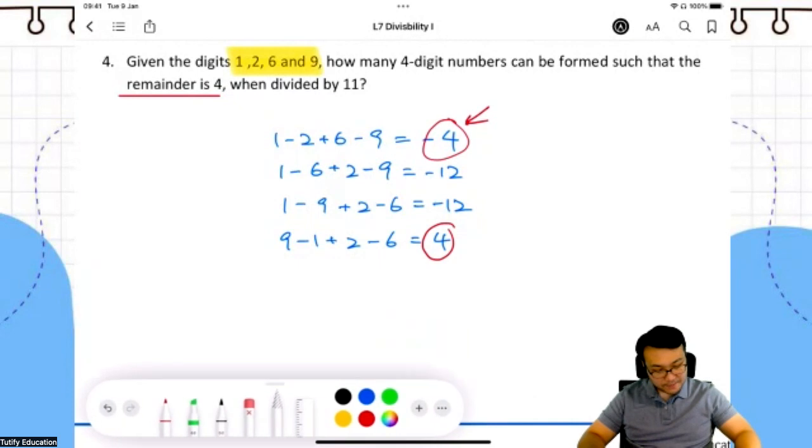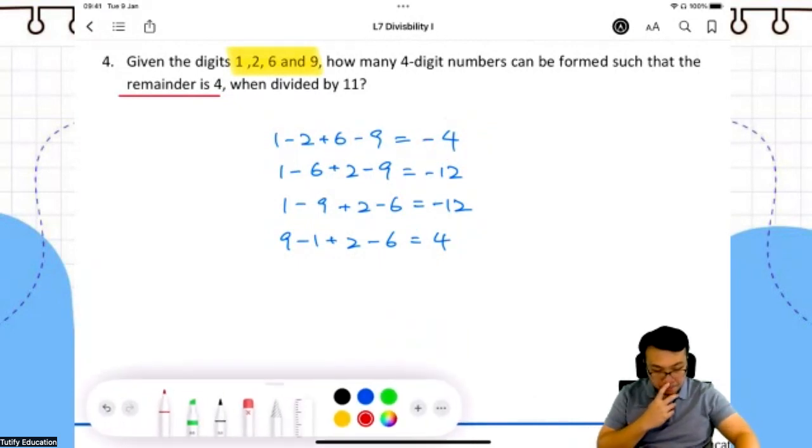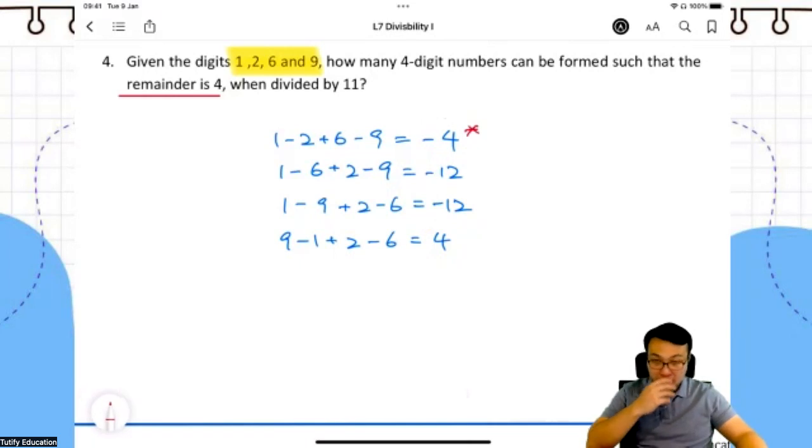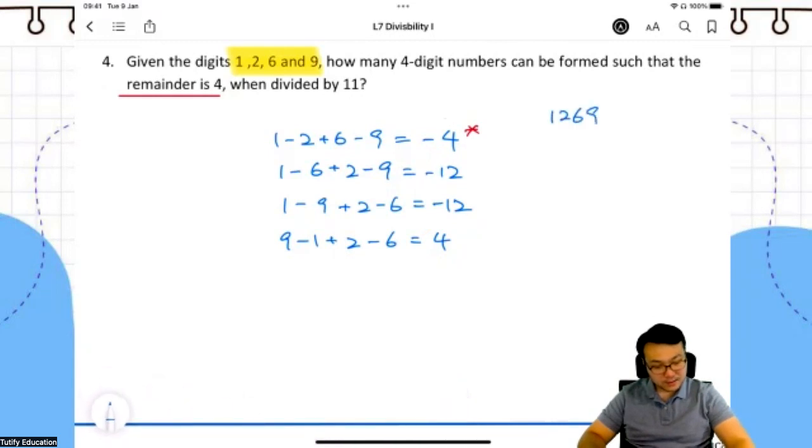So let's do that. That means the first number that we can use is 1269. Can you tell me how many 4-digit numbers will give us the same alternating sum, which is -4?